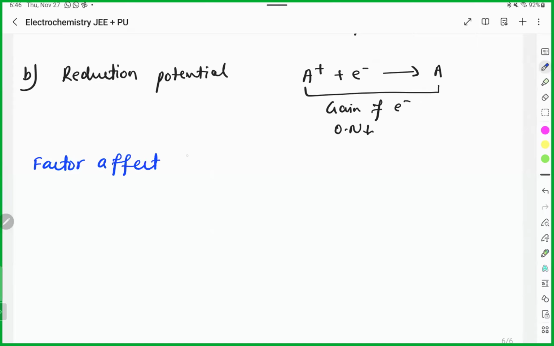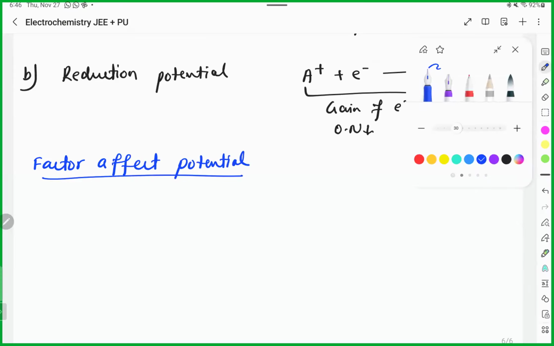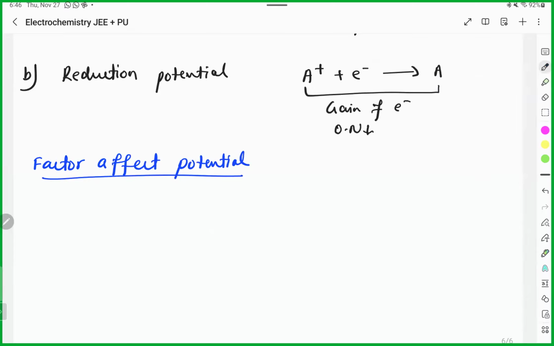So what are the factors that affect potential? There are usually three. One is the nature of metal, second concentration, and third is temperature and pressure. Nature of metal, which metal?